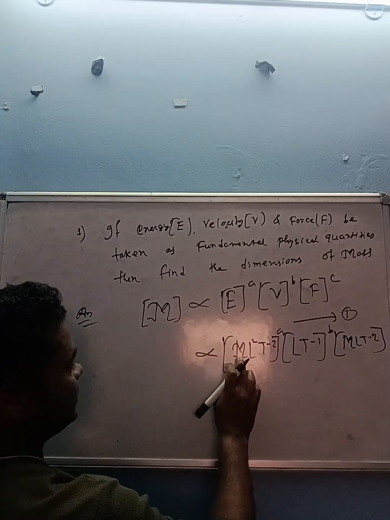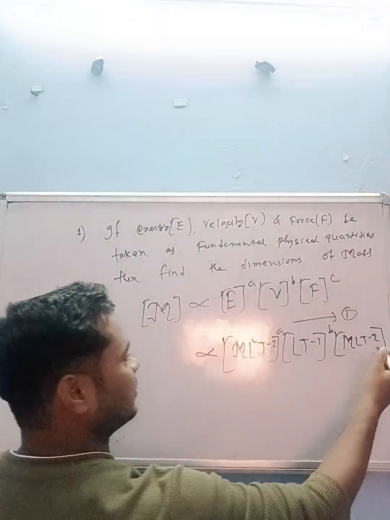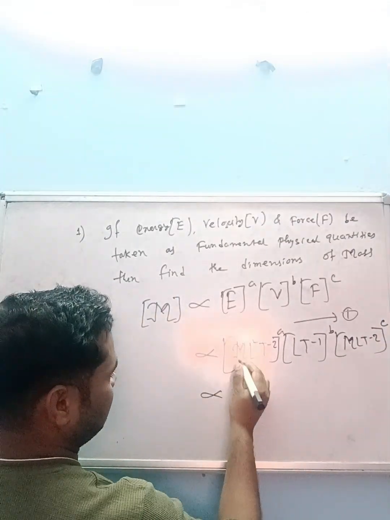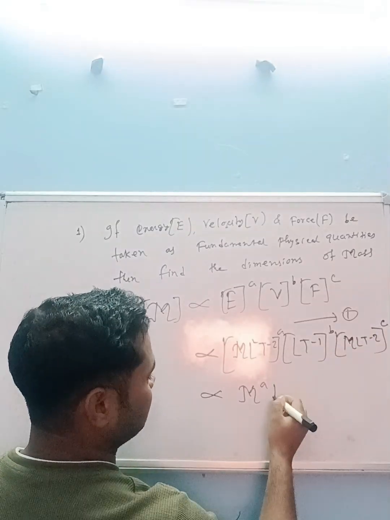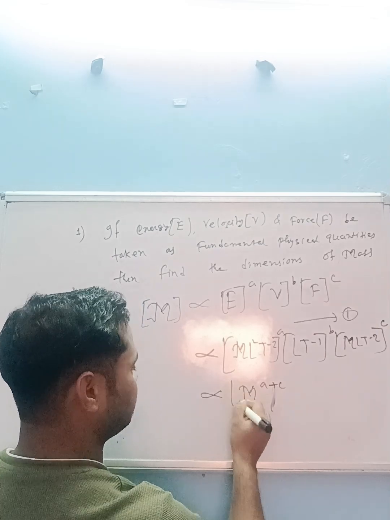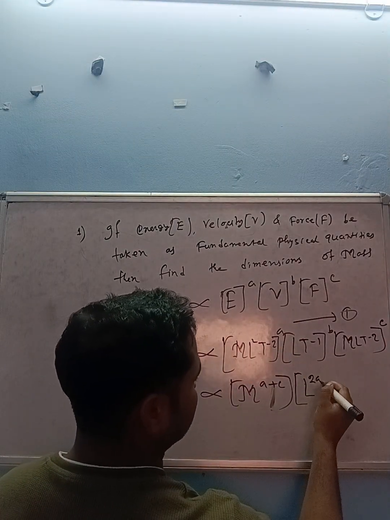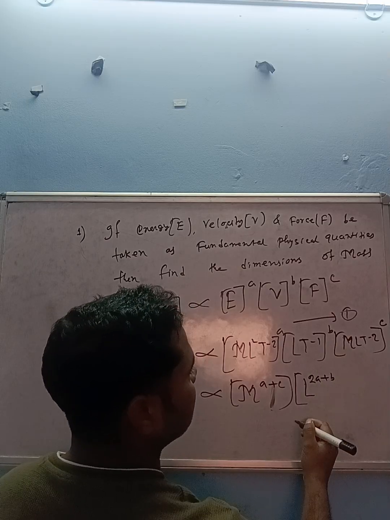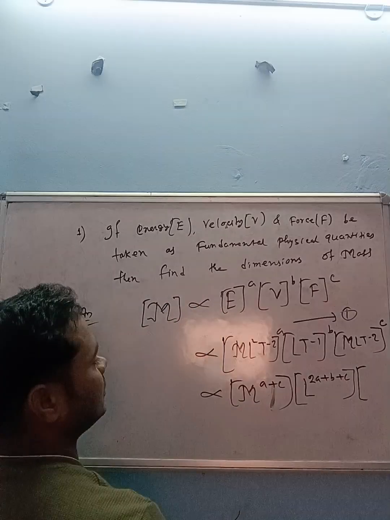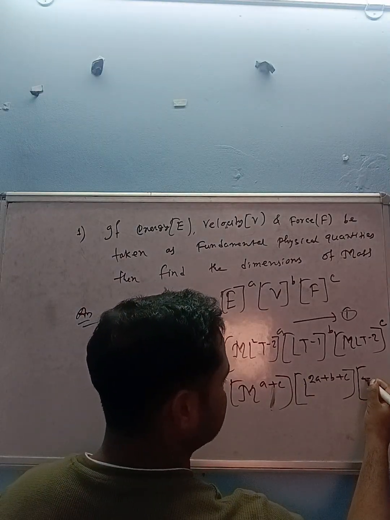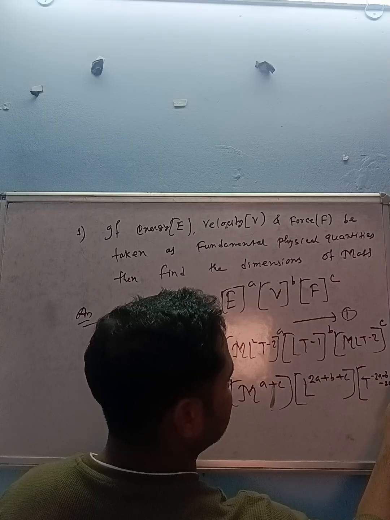Next, what do we have to do? Collect all the M, collect all the L, and collect all the powers of T. How much is M? M to the power a here, and M to the power c here; adding the indices, M to the power a plus c. How much is L? L to the power 2a plus b plus c. And T to the power minus 2a minus b minus 2c. Okay.